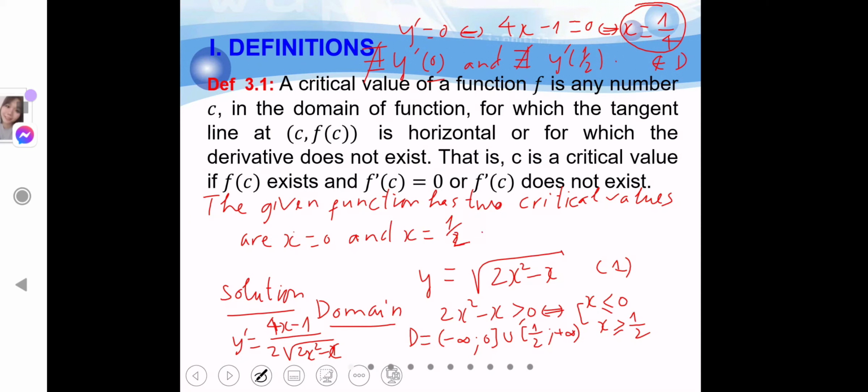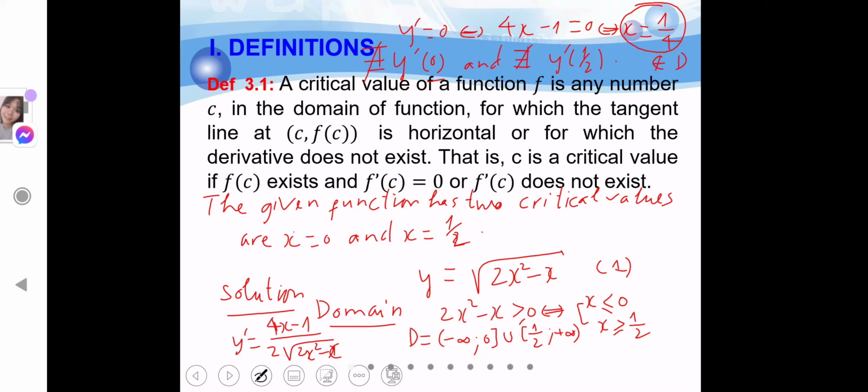Although x equals 1/4 makes the derivative equal 0, 1/4 does not belong to the domain of the given function.